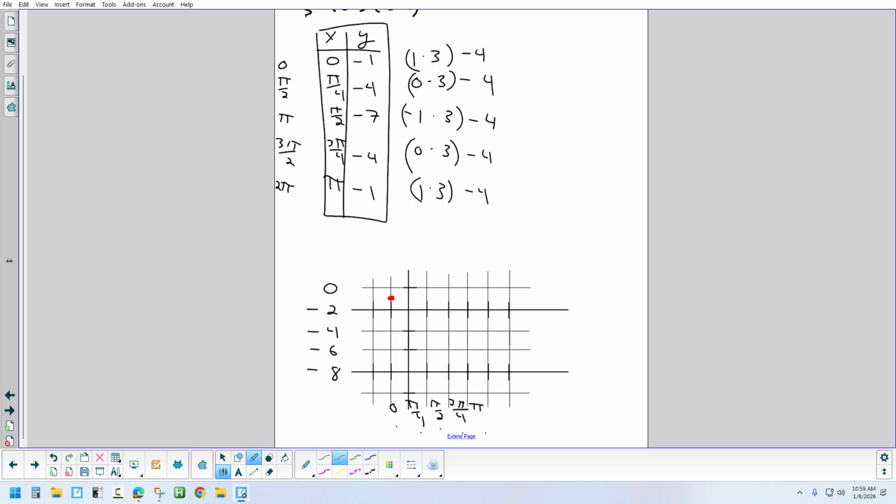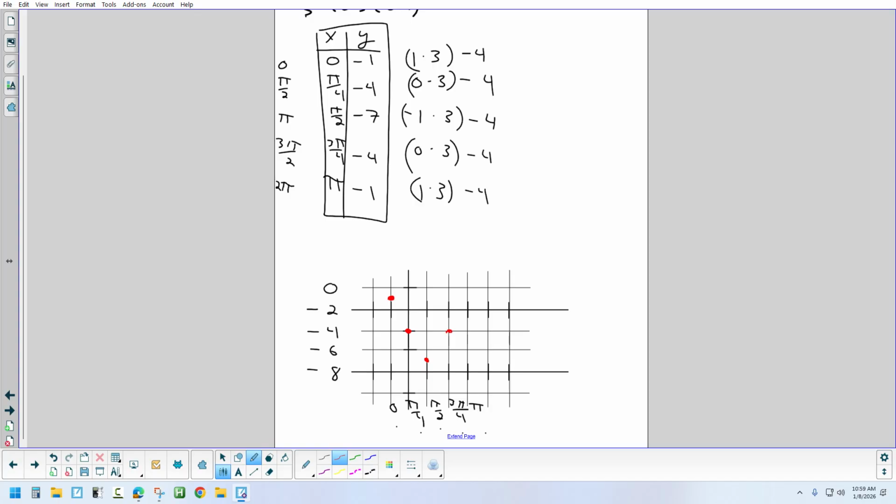So pi over 4, negative 4. Again, ignore the bold lines. I renumbered everything. Pi over 2, I'm at negative 7. So pi over 2, about right there. 3 pi over 4, I'm at negative 4. So 3 pi over 4.